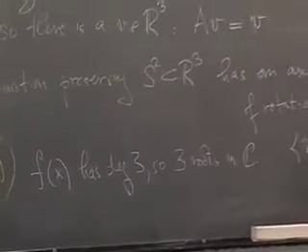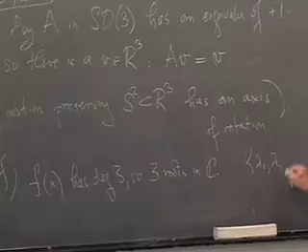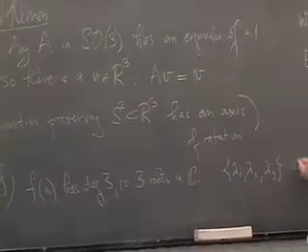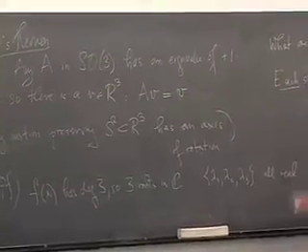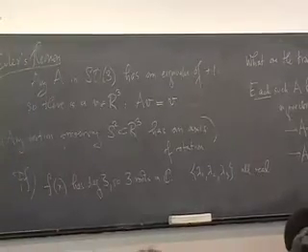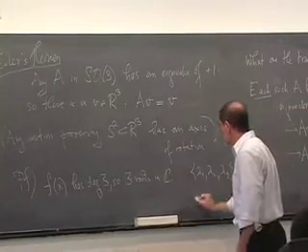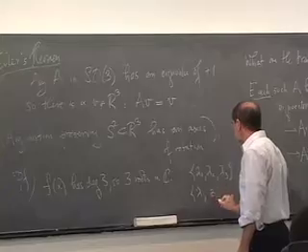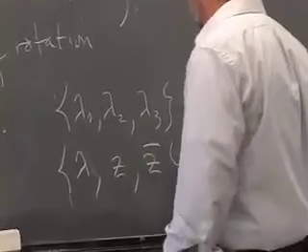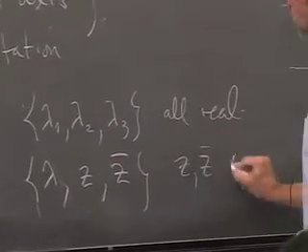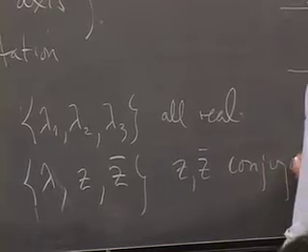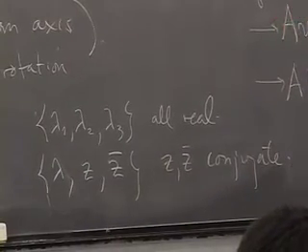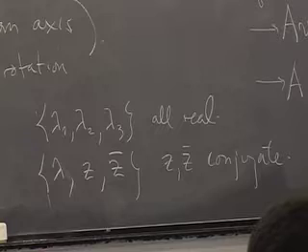One possibility: they're all real. A second possibility: there's one real root and two complex conjugate roots. Any other possibilities?